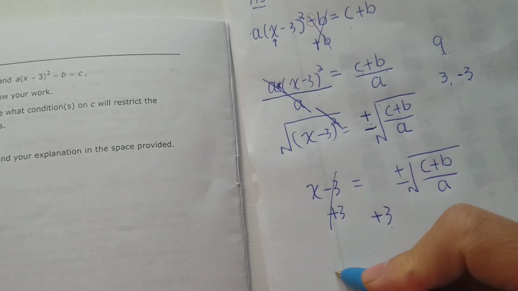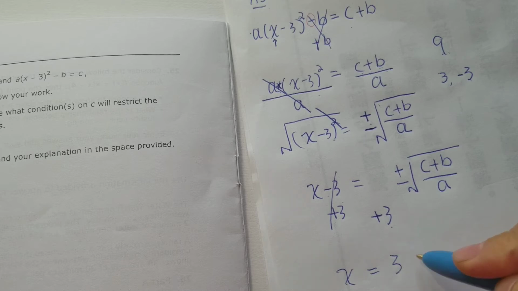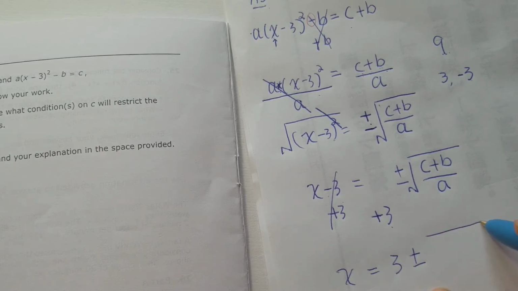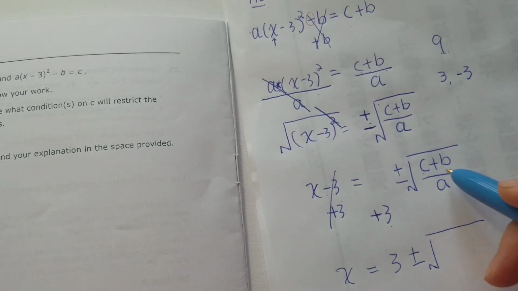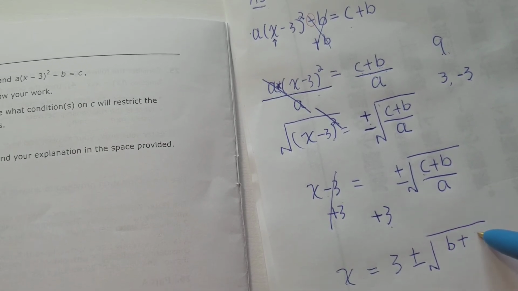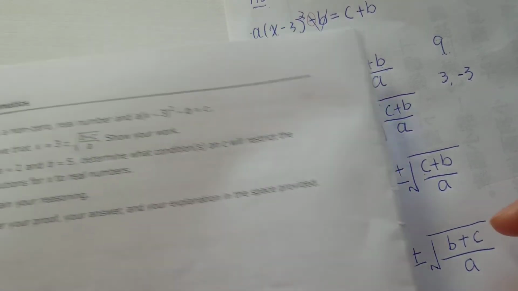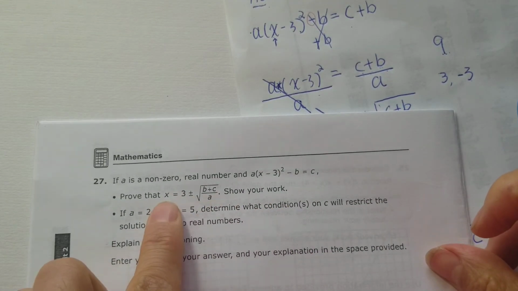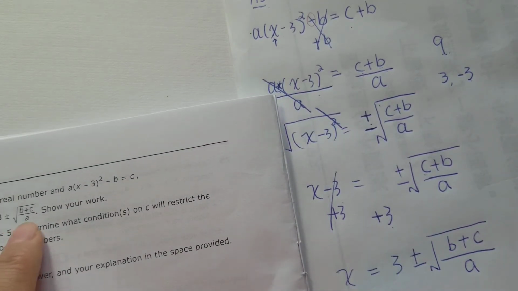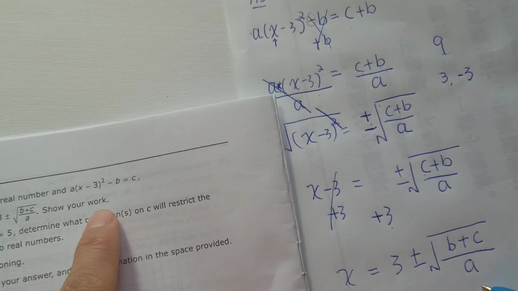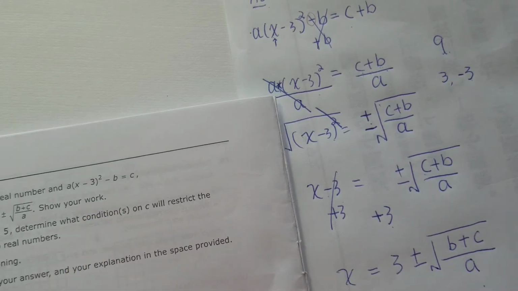Therefore, you have x equals 3 plus or minus square root of. Now let's flip it over because again, addition is commutative. You are able to flip it over. Okay, now check the question. We got exactly what your question asked for.